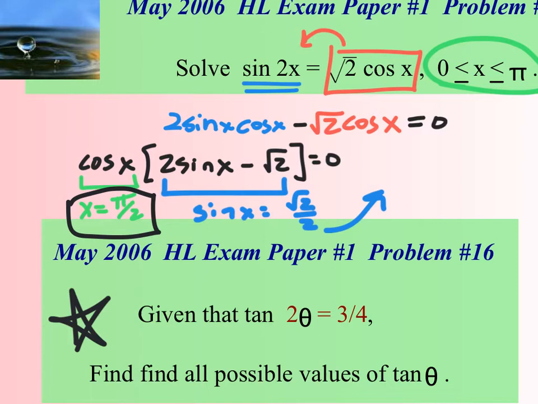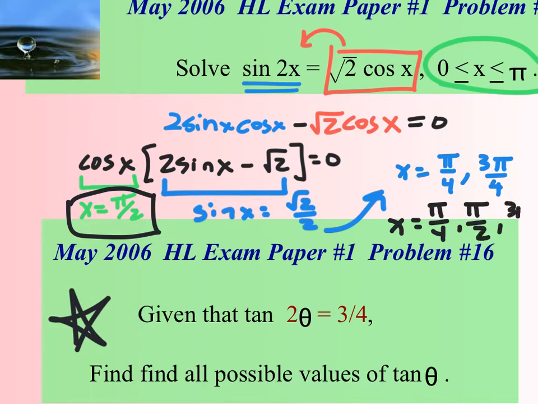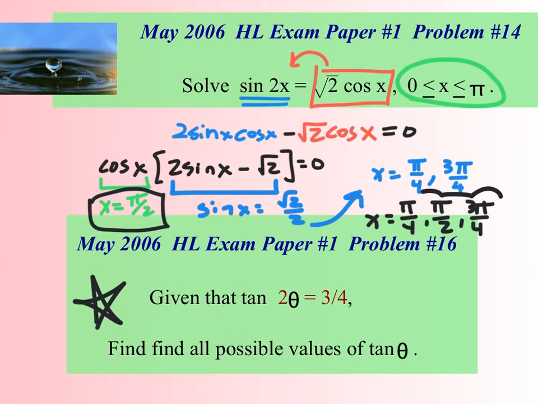This would yield me over here x equal to, I believe, pi over 4 and 3 pi over 4. So my answers would be x equals pi over 4, pi over 2, and 3 pi over 4. Of course, if that restriction is lifted, you got a couple more answers that might appear.